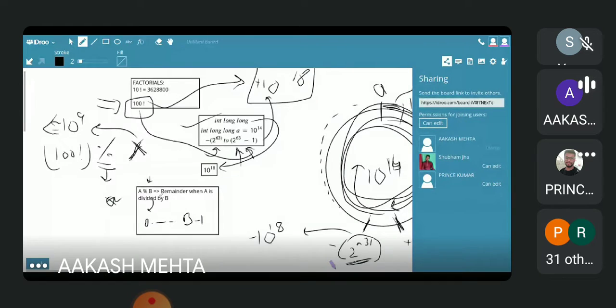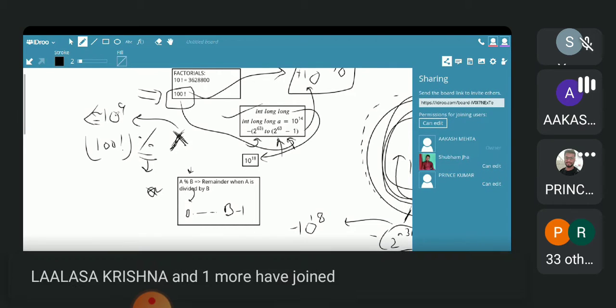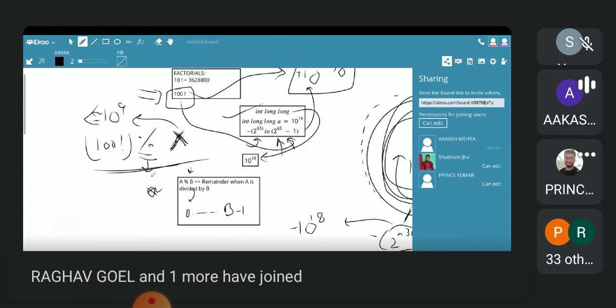The remainder cannot be equal to or above b. So if we take x less than 10 to the power 9, or in our integer range, obviously this answer will be in our integer range.